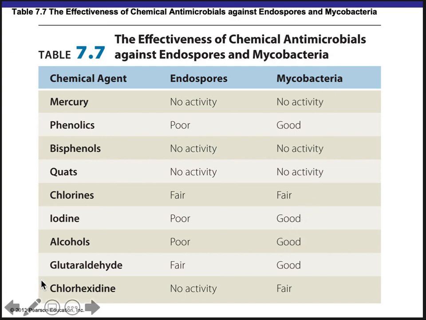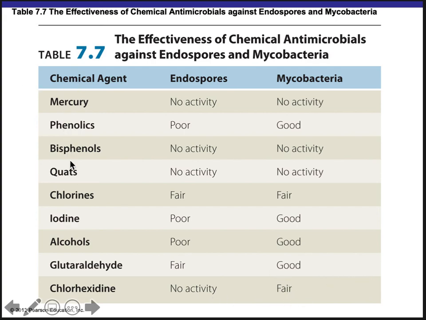Okay. Glutaraldehyde, as we saw, we don't use formaldehyde anymore, but we do use glutaraldehyde in hospitals. It's very good at killing mycobacteria, and it does a fair job of endospores, so it makes it a pretty good candidate. It's safe also. Chlorhexidine, we don't see affecting endospores at all, and a little bit on mycobacteria.